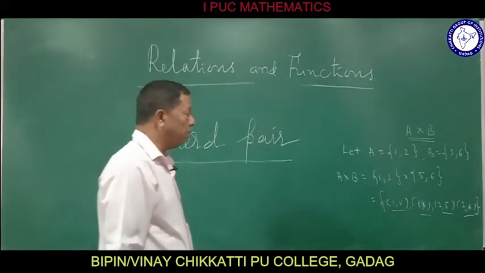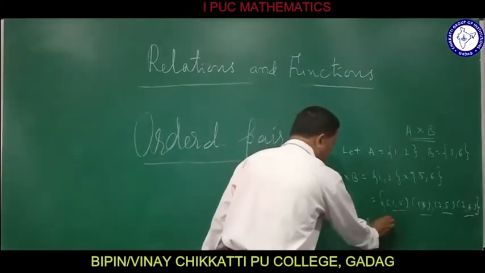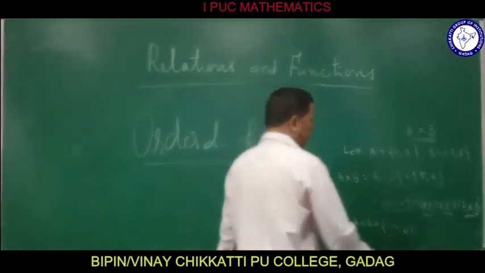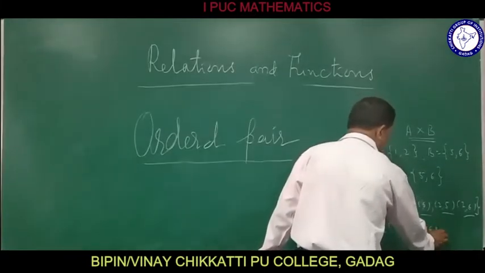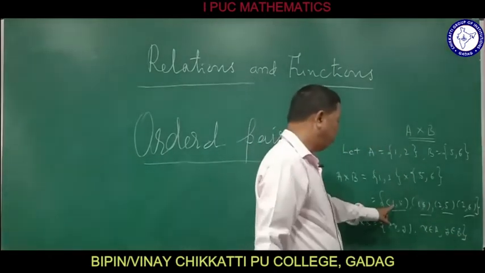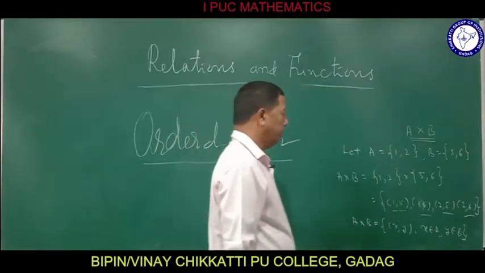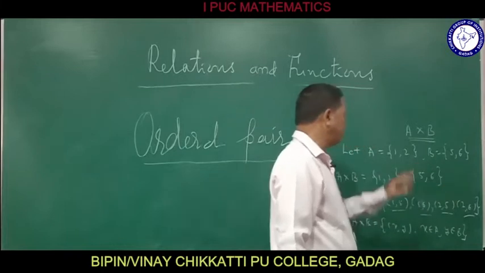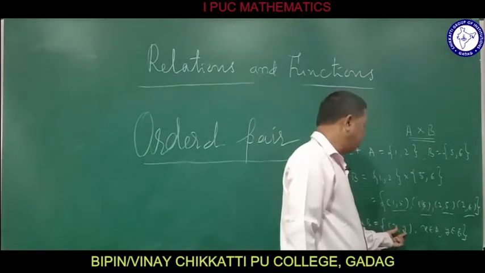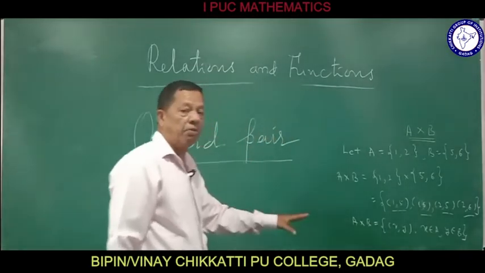The definition of the Cartesian product is A cross B equal to {(x, y)} where x belongs to A and y belongs to B. It means the first elements belong to set A and the second elements belong to set B. This is the definition of the Cartesian product.